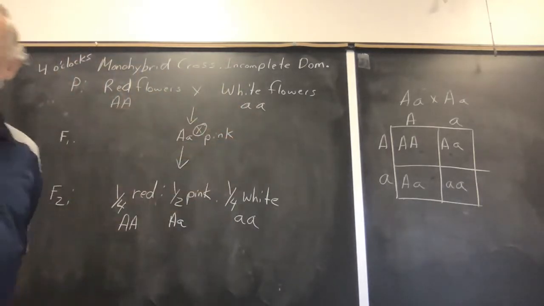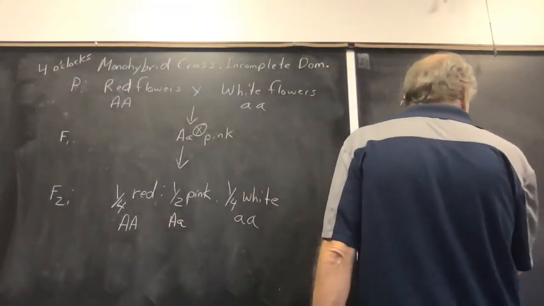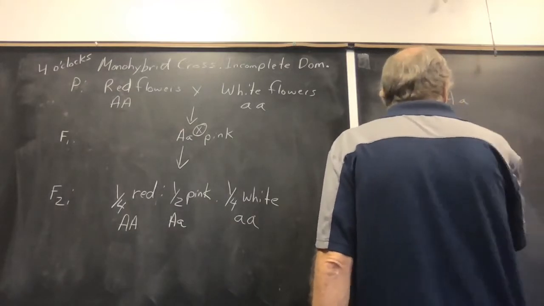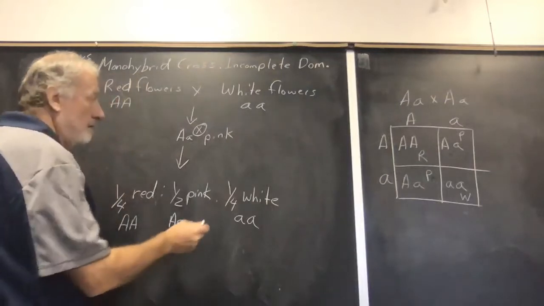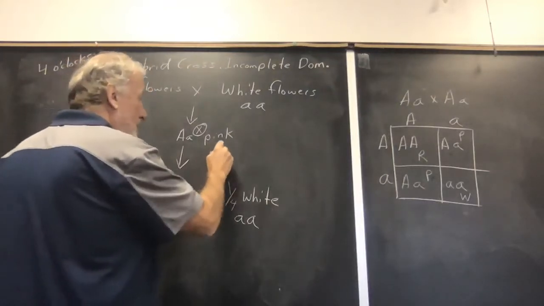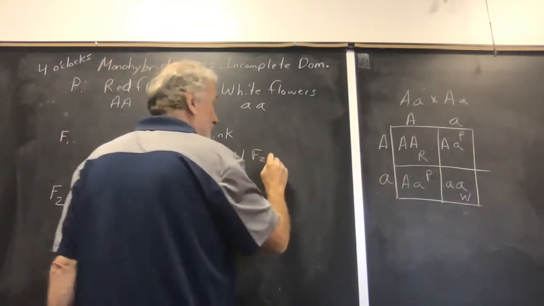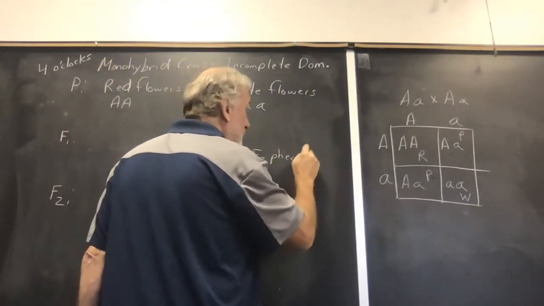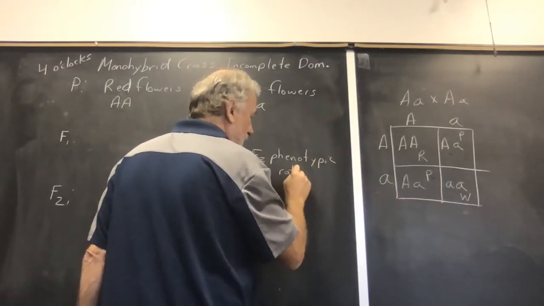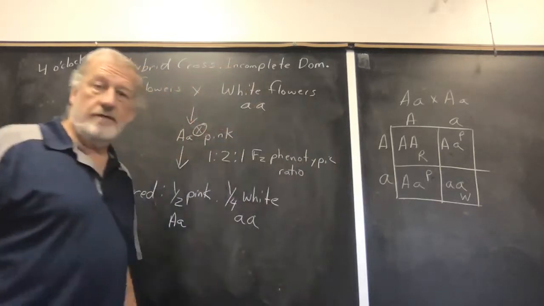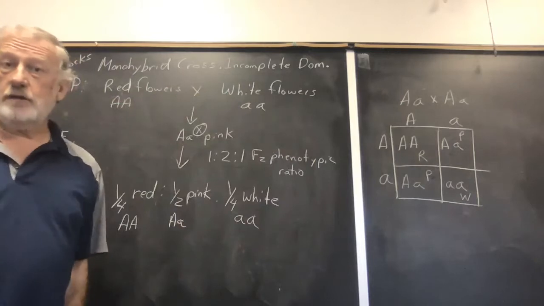So if we go back to our Punnett square here, this guy's red, this guy's white, pink, pink, and this becomes our 1:2:1 F2 phenotypic ratio. Characteristic of a monohybrid cross with incomplete or partial dominance.